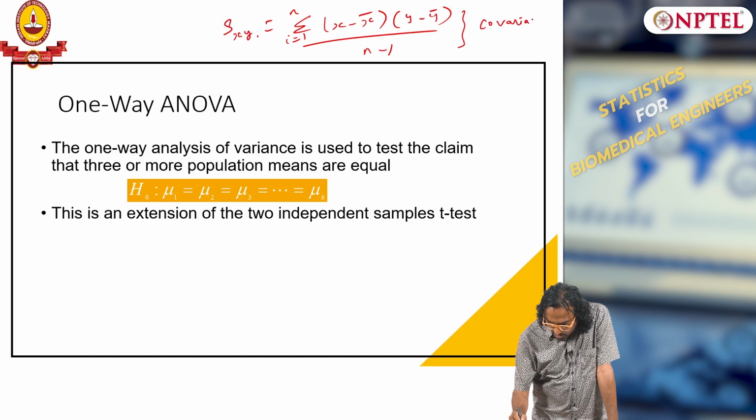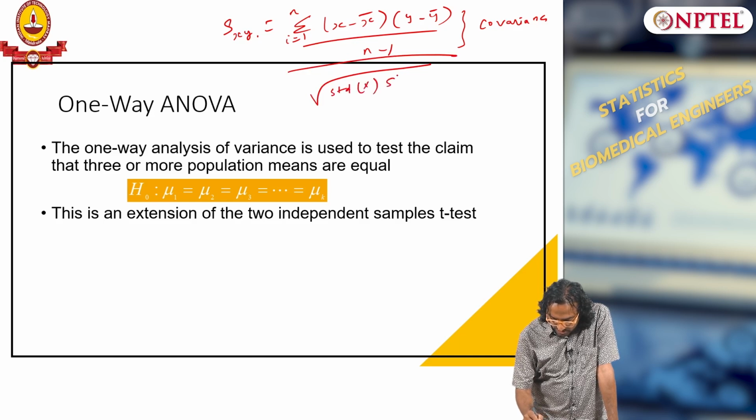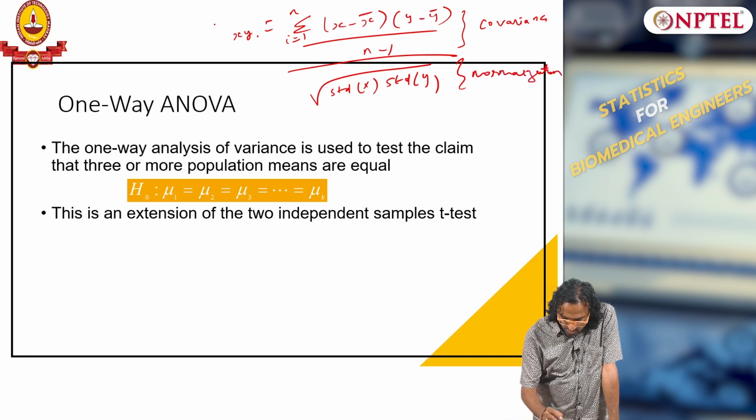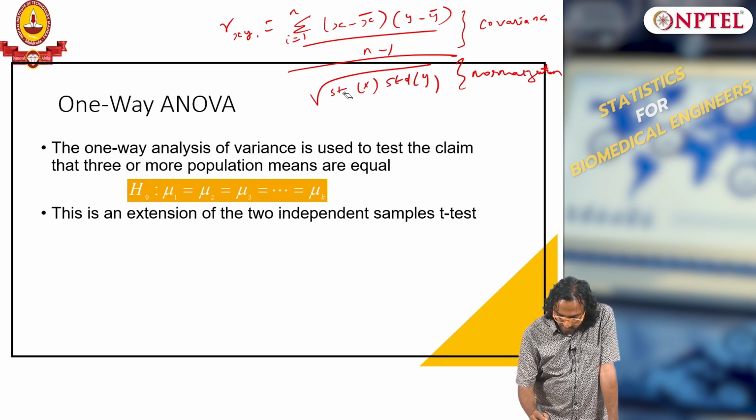And you know what correlation is: you normalize it with the standard deviations, the square root of the variance of x into the square root of the variance of y, which gives normalization. We call it R.